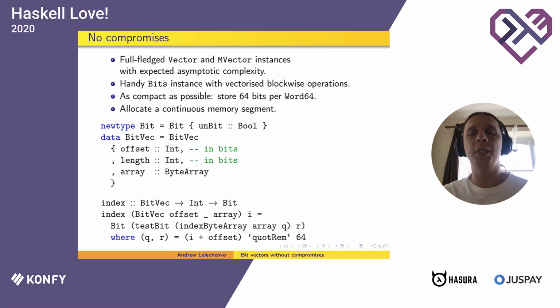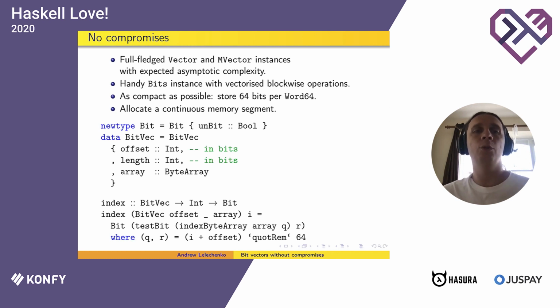I am assuming that the word size on our platform is 64. We read the corresponding word, and we just test the bit which corresponds to the remainder in this word, and return the bit. All nice and good, and it looks like it's quite fast, and it actually is. So we have a way to read values from our vectors.